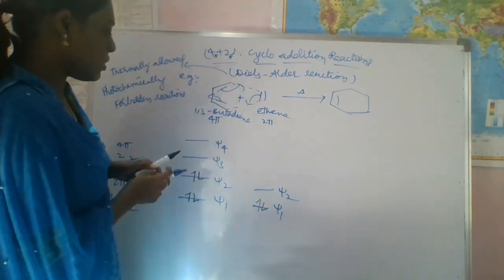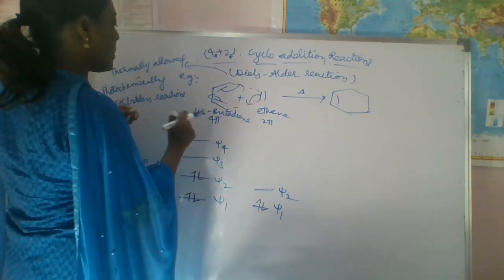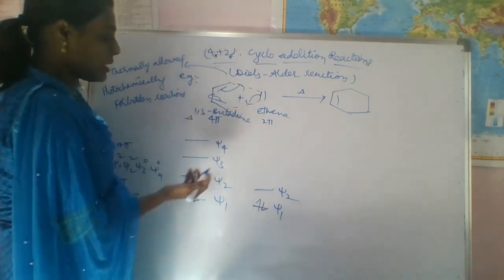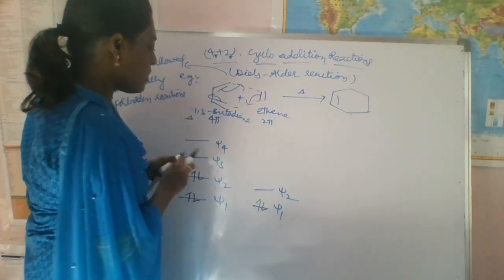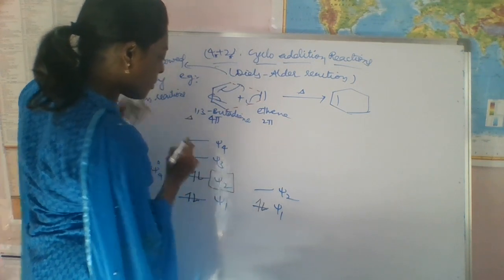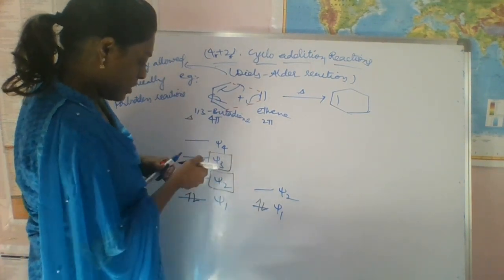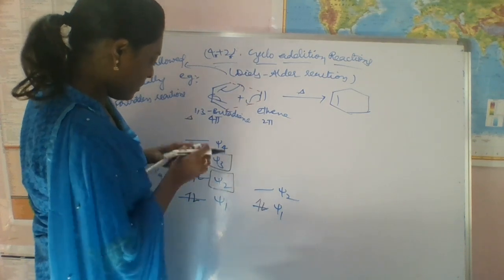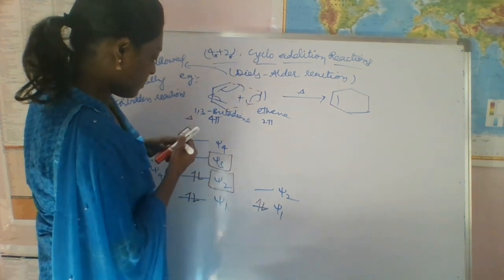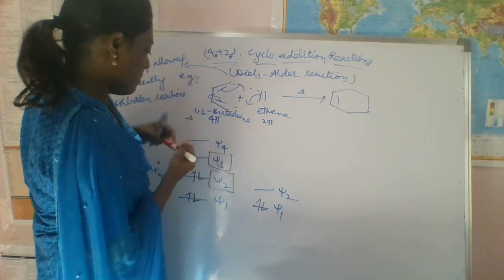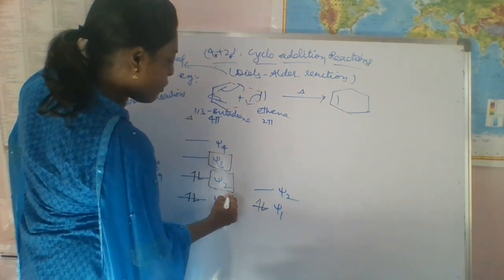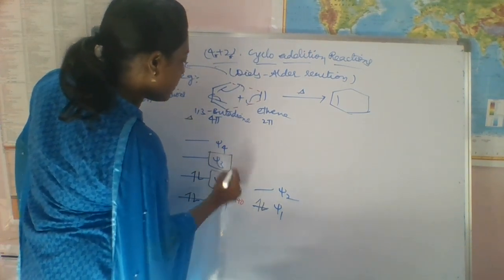In thermal condition, what will be the HOMO for this one? This will be the HOMO for the 4 pi system, and this will be the LUMO.